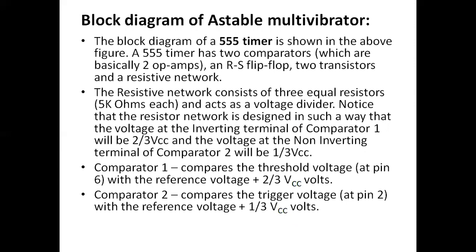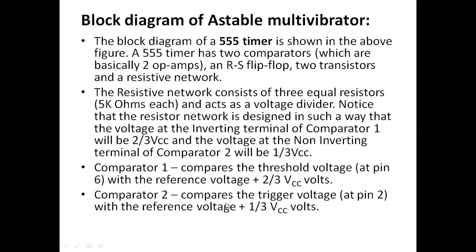Normally comparator 1 compares the threshold voltage, that is pin 6 voltage, with the reference voltage, that is 2 by 3 VCC, and comparator 2 compares the trigger voltage at pin 2 with reference to the 1 by 3 VCC voltage. So at comparator 1 we have the 2 by 3 VCC reference voltage, which is provided by the voltage divider network, and the comparator compares this reference voltage with the threshold voltage, that is the voltage at pin 6.